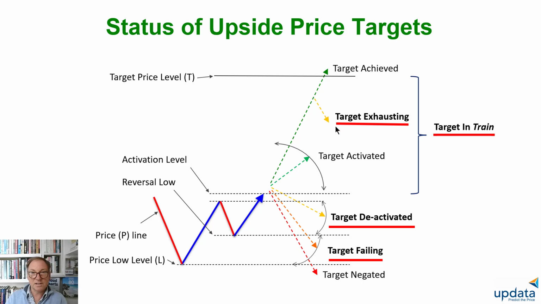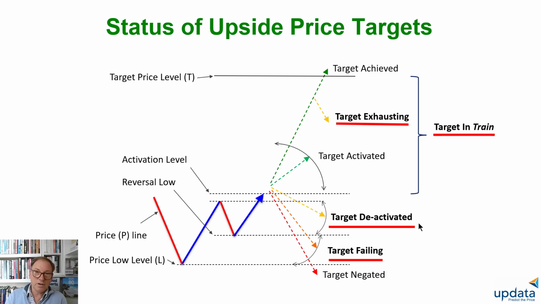You may well start to see, and this is the real value of seeing these on time-based charts, that the target is running out of steam or exhausting. Or, remembering the last lesson, if you're looking at a daily chart, you might go down to the 60-minute chart and see whether there are new downside targets emerging, and that would give you some concern over that target. Here, if we move back below the activation level, effectively we're back into this range. The target is, in effect, deactivated.